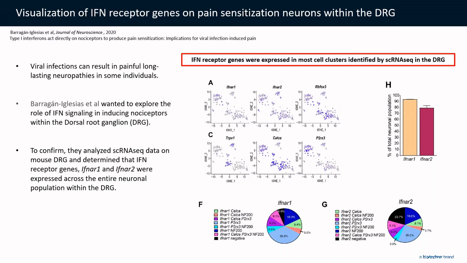So interferon alpha and interferon beta were shown to induce a nociceptive hypersensitivity response in mouse models. These researchers confirmed these findings by performing single-cell RNA sequencing on mouse DRG, and they identified expression patterns of interferon receptors.